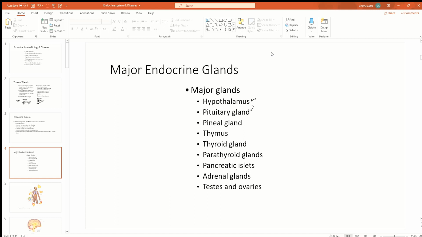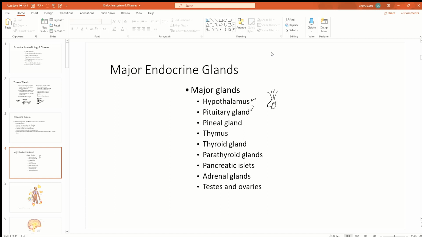Okay, so hypothalamus is just above the pituitary gland. So this is the pituitary gland and this is the hypothalamus. So pituitary gland is controlled by the hypothalamus.